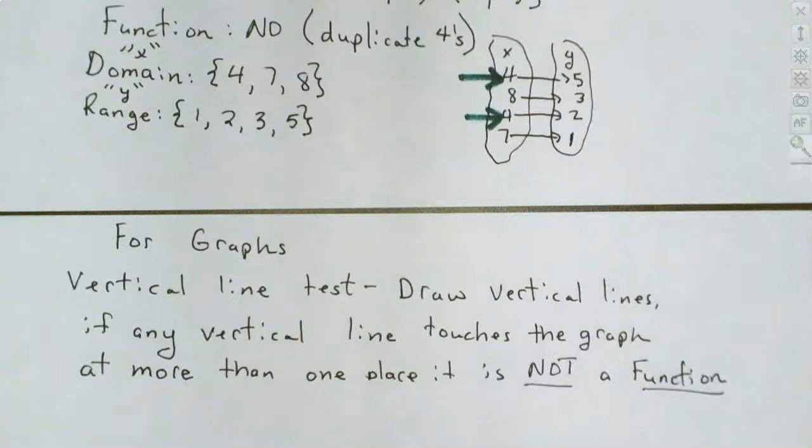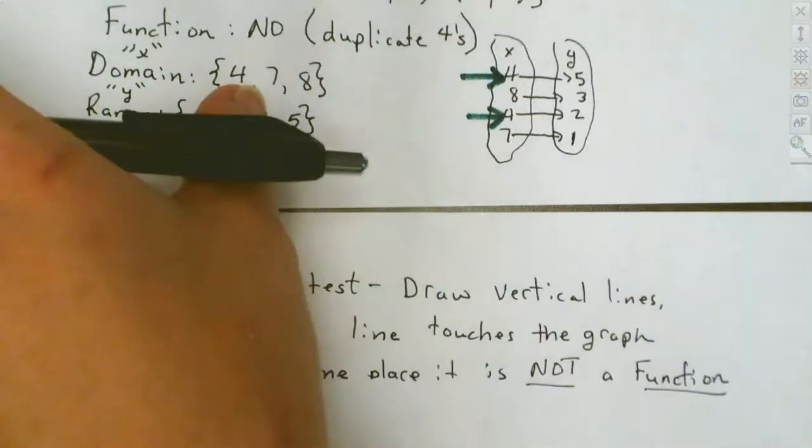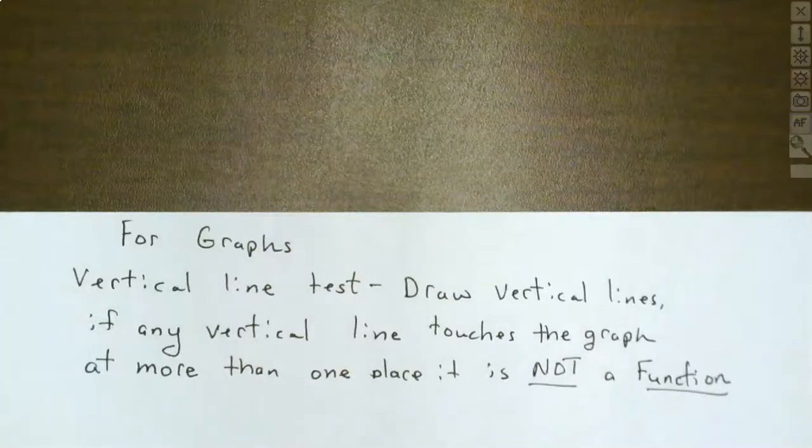So we're going to be just looking at graphs here, and we're going to be drawing vertical lines. And if any vertical line touches the graph at more than one place, then it is not a function. Very, very simple. Very, very easy to do.